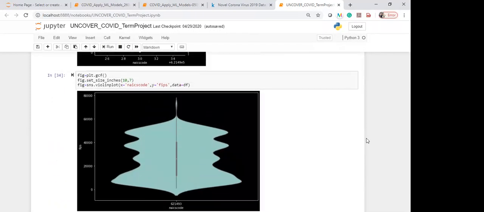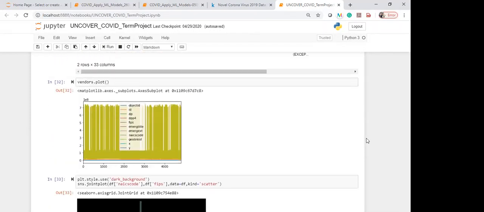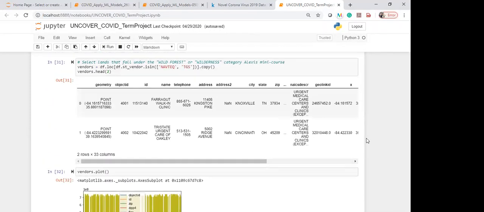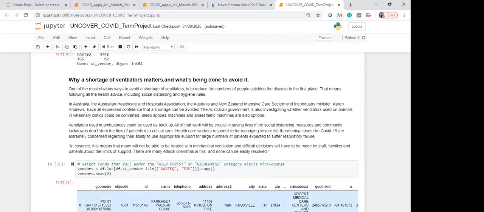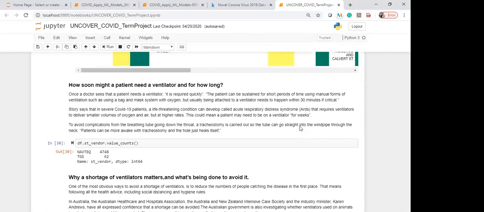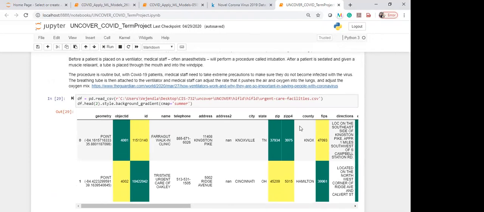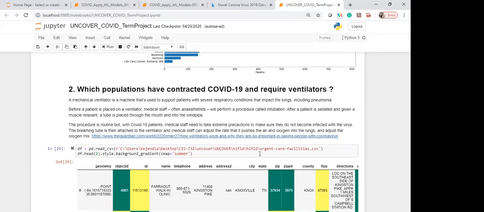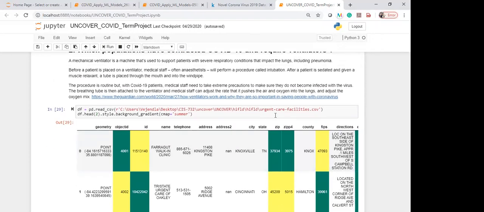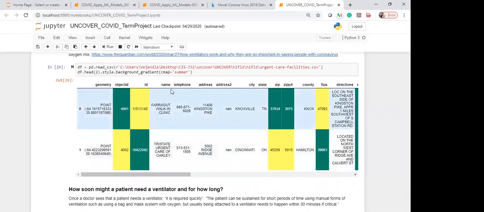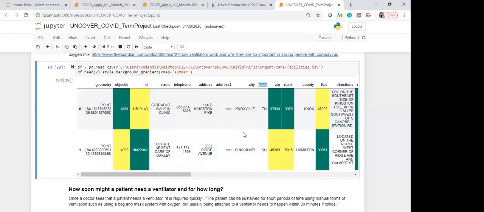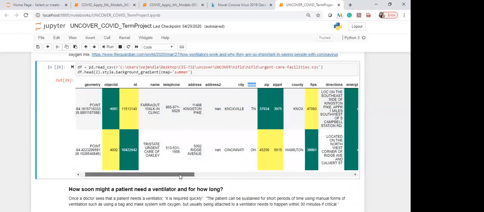Is that data available for a lot of countries, or was that really hard to get? I would see if they have country-wise shortage of ventilators. I will have to explore more on this data set. I think we have state-wise data within the US. Do you want to do it within the US?